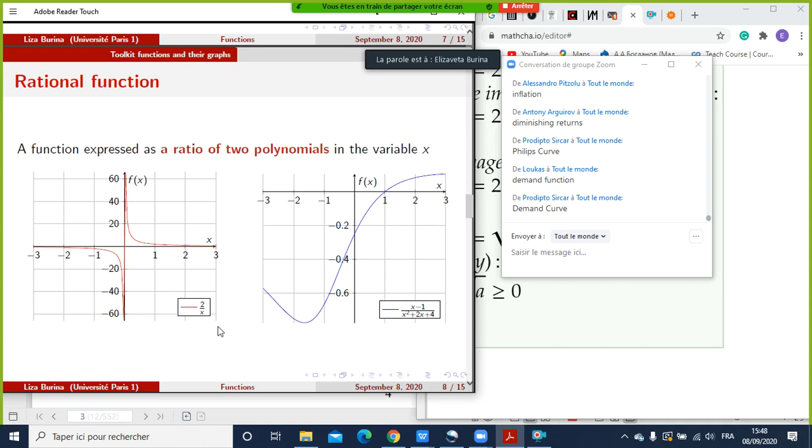And what is great about a function like that, if we're talking about demand, is that a hyperbolic demand function has a constant price elasticity. You'll see that also. Okay, cool.